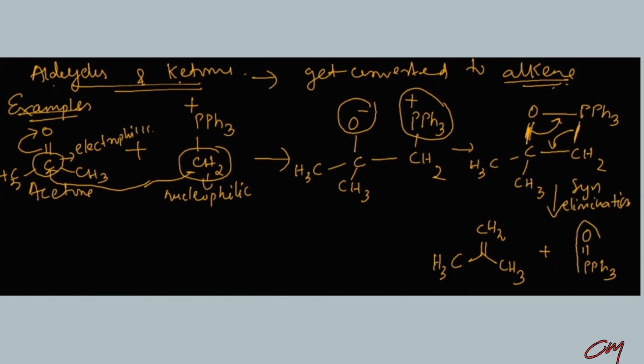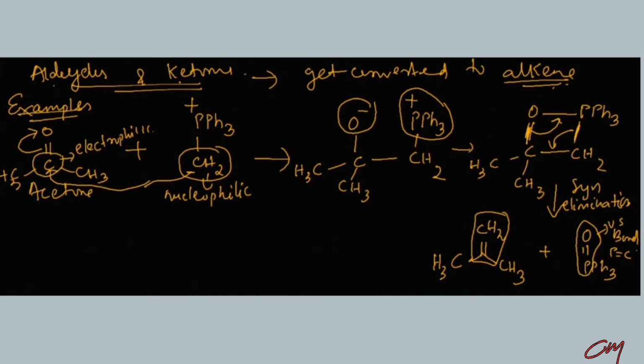This O double bond P is a very strong bond compared to P double bond C. So in the product we are getting PPh3 double bond O and this alkene, and this one is syn elimination.